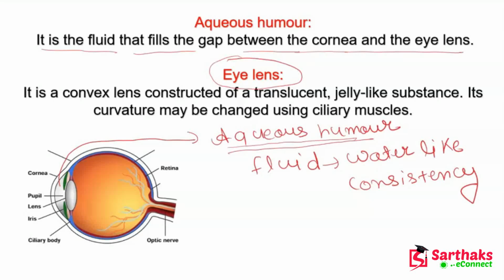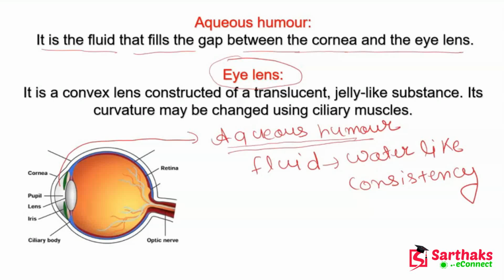Now let's talk about the eye lens. This is a very important part of our eye. You have to be very careful while learning this, because this is very important. So what is the work of a lens? The work of a lens is to refract light and form the image.